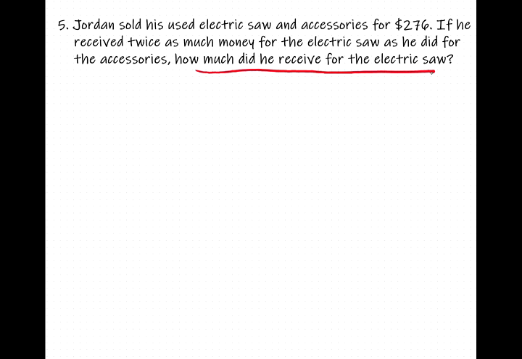We don't know how much he made for the electric saw, and we don't know how much he made for the accessories. So let's express both of those using variables.